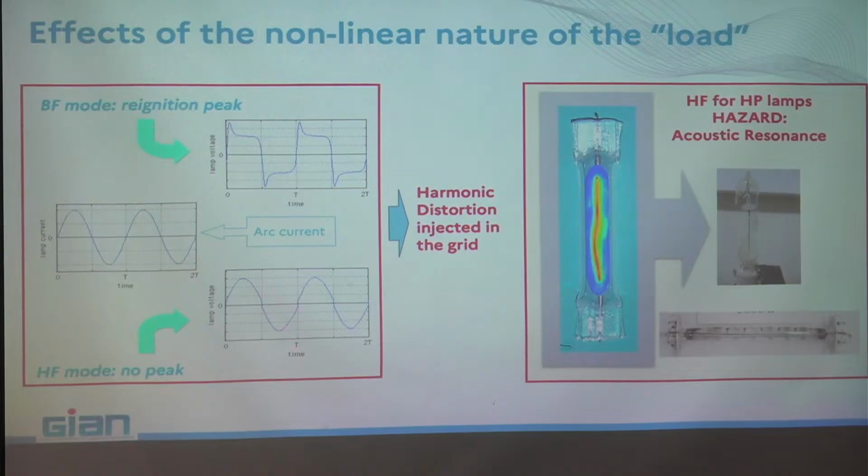At given frequencies, which depend on the chemistry inside, on the dimension of the tube, on the temperature distribution, you excite what we call acoustic waves inside the lamp. The lamp may produce noise, but this is not a problem. The acoustic waves distort the form of the arc.